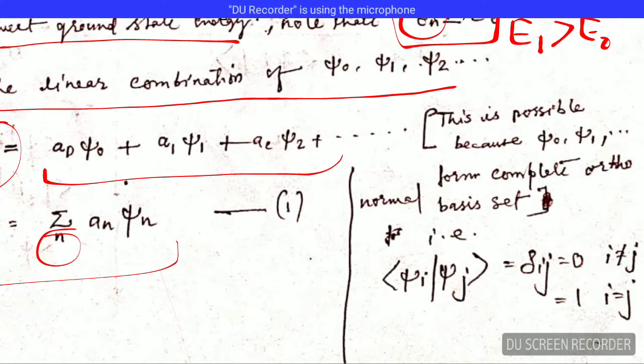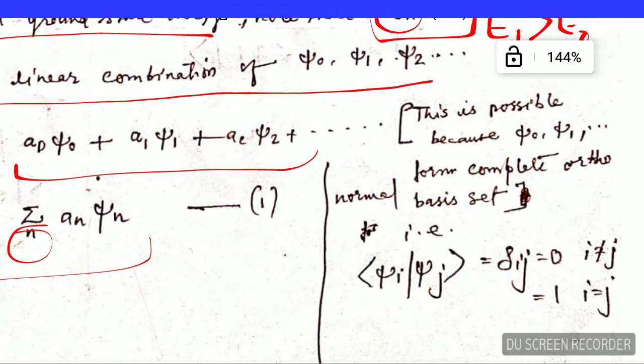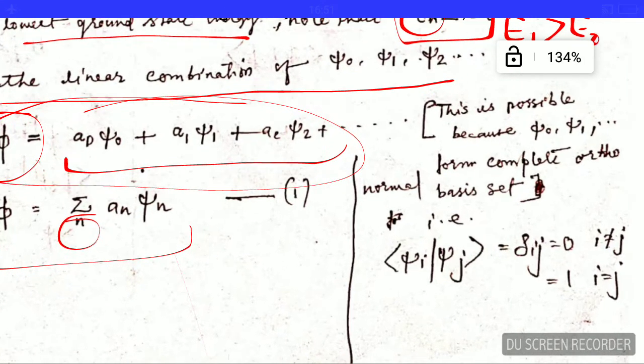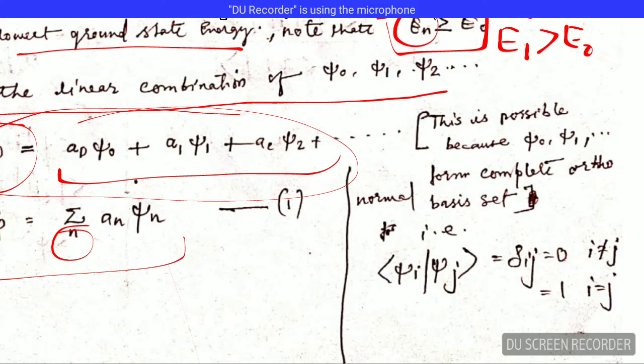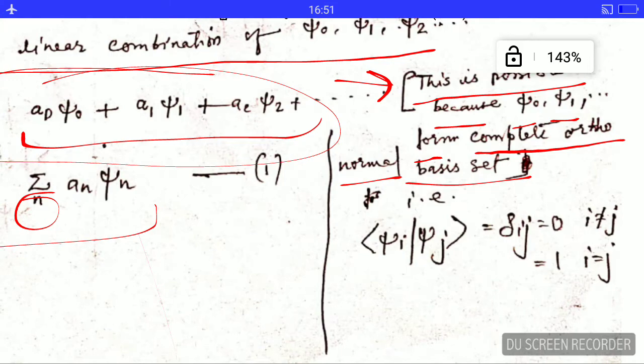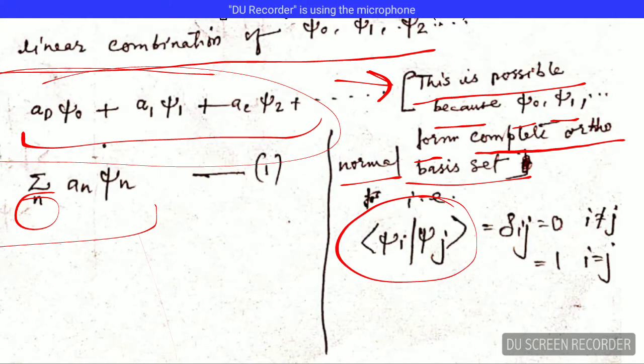Now you might be wondering how I can write this. So the answer is here. This is possible because psi 0, psi 1, and so on form a complete orthonormal basis set. These psi are orthonormal.